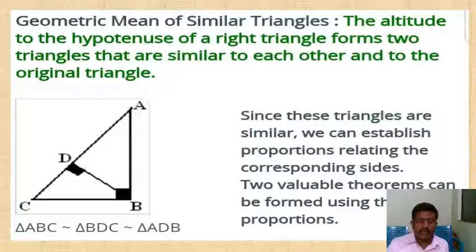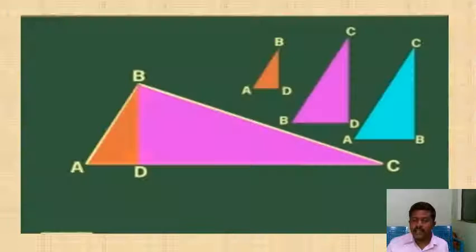So these two triangles are similar by AA test. In this triangle also, ABC and ADB, angle A and angle A are the same. Here angle B is 90 degree, here D is 90 degree. So these two triangles are similar by AA test. Also all three triangles are similar to one another.